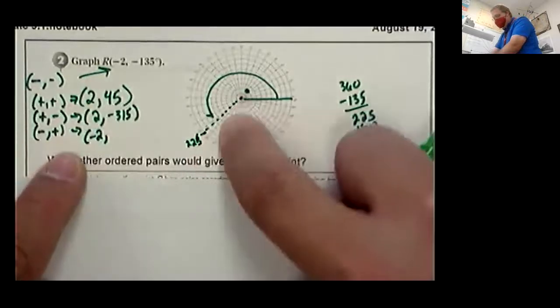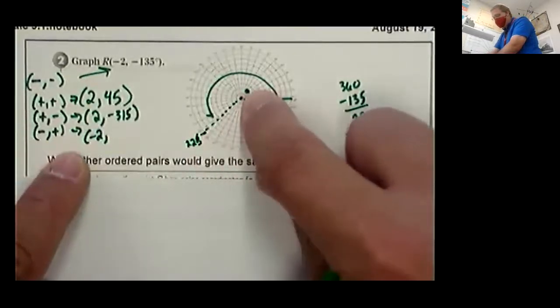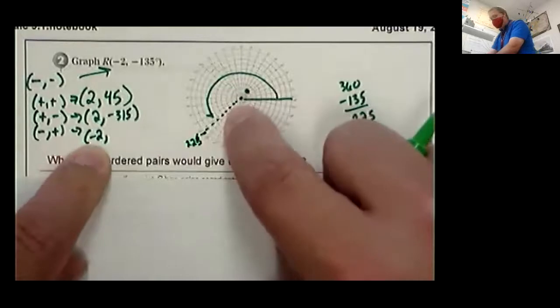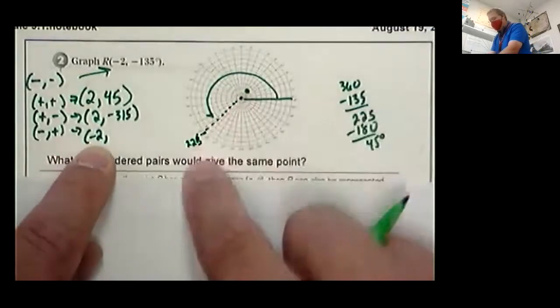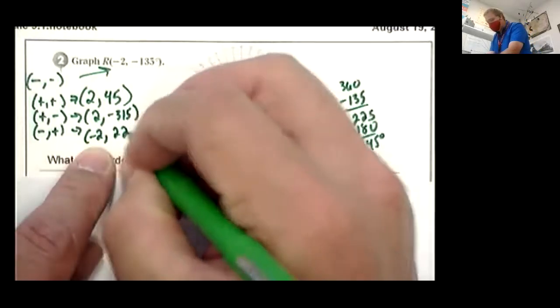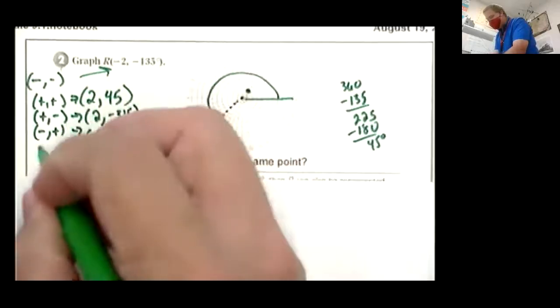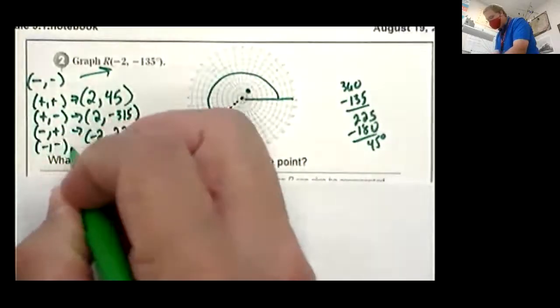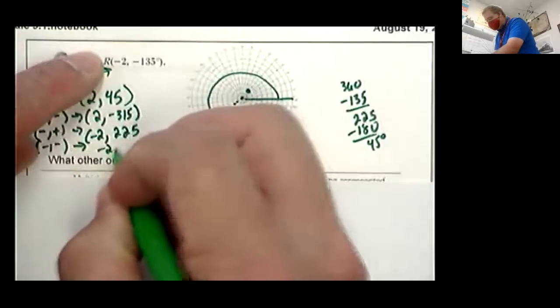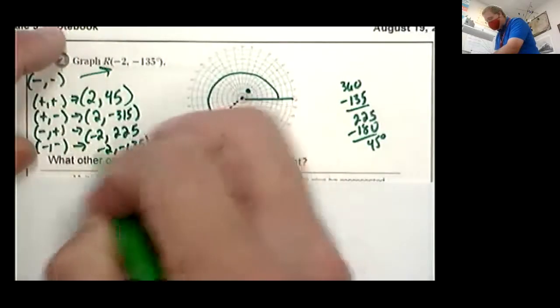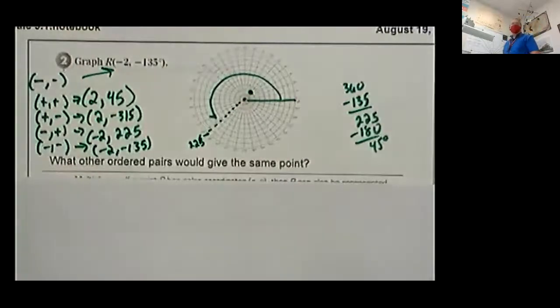So we're over here, right? There's our point at 2. Negative flips us back here. What positive angle is going to take us back there? That's our 225. And then our negative was our original point, (-2, -135°). So again, there's 4 ways to describe any ordered pair.